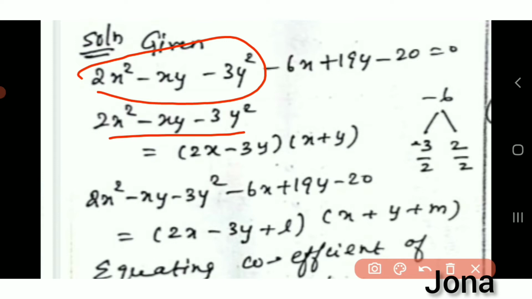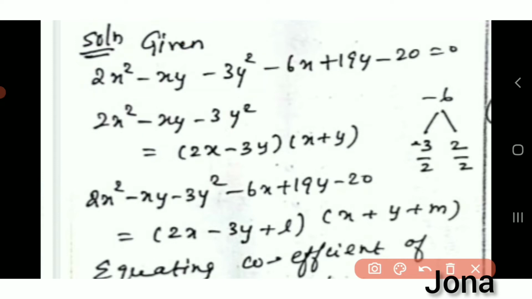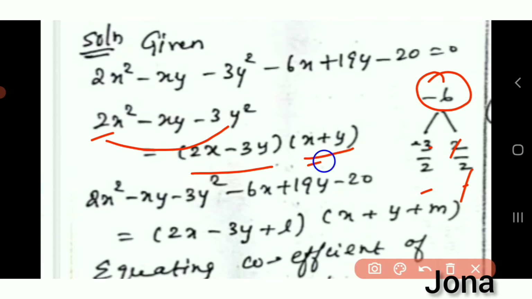Here 2 into 3, we multiply as in usual factorization, that is −6, and then find the factors. Minus 3 into 2, divide by the 2 here, so we get −3/2 and 2/2. We can cancel these two, so the factors are (2x − 3y)(x + y).